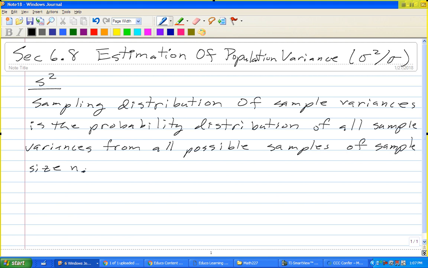So you take all samples of sample size n, compute all the sample variances. That probability distribution is called the sampling distribution of sample variances.